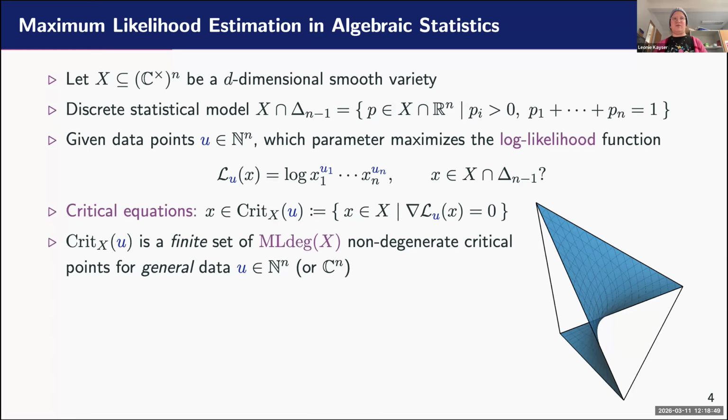Because this is where the actual likelihood maximization takes place, in the real part of the variety X.